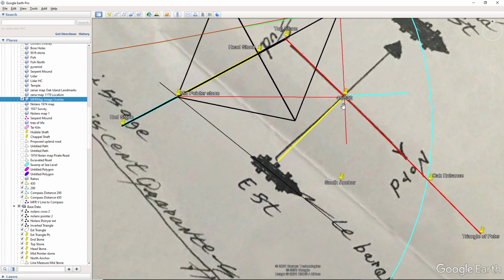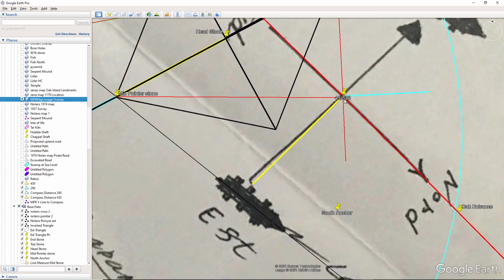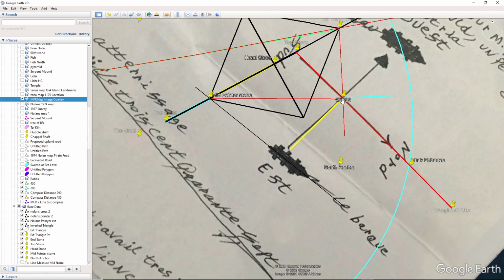And when it's all said and done, it positions itself on the 45,522. And that happens to be at a 45-degree angle from the top stone to the oak entrance to the triangle of Peter. So that's the information you get from that, right?